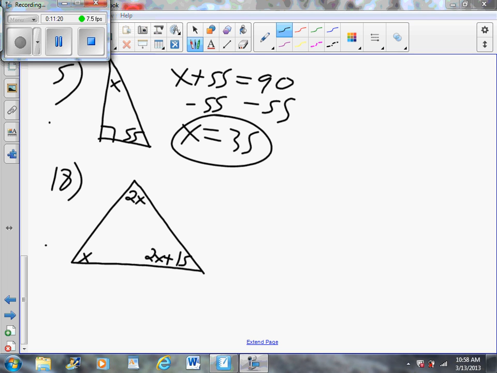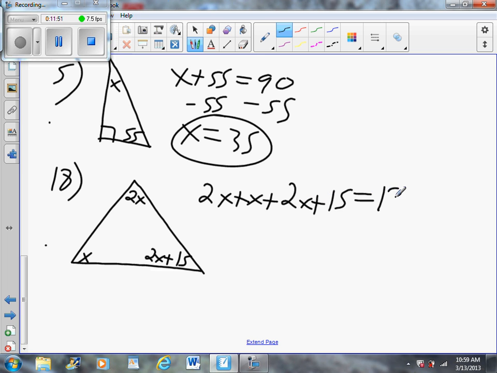Okay. Let's look at number 18 here. We have to solve for X. To solve for X here, we have to find what value of X is going to make this triangle true with the values given to us. We have to understand that all three angles equal 180. If that's the case, you add all three of these up, set it equal to 180 and solve for X. So what have we got? 2X plus X plus 2X plus 15. We need the values of X that will make this a true statement.